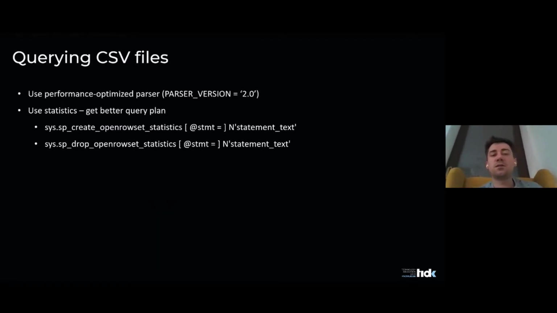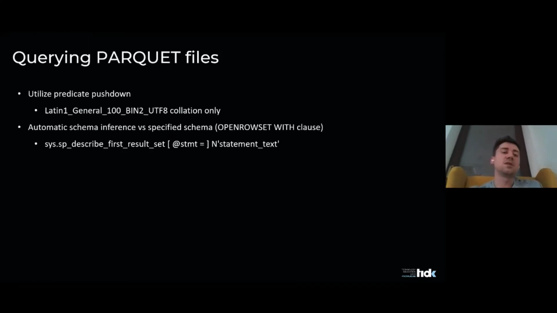In terms of querying CSV files, we should always use the performance-optimized parser, version 2.0, and we should be aware that using and managing statistics will get us a better query plan. So again, those two procedures, create external statistics and drop external statistics, you should be familiar with. In terms of querying PARQUET files, what is very important is utilizing predicate pushdown.